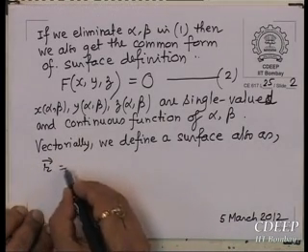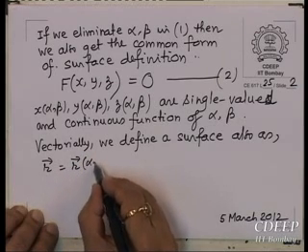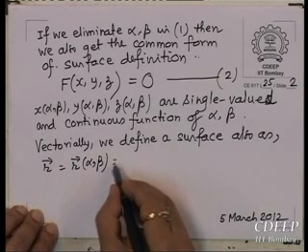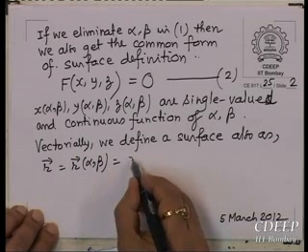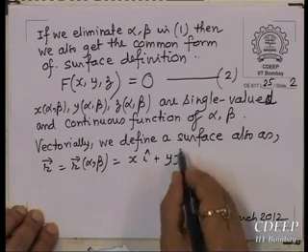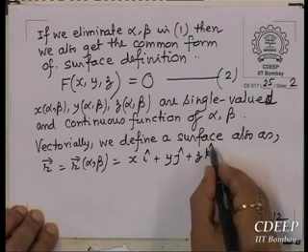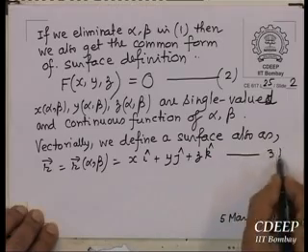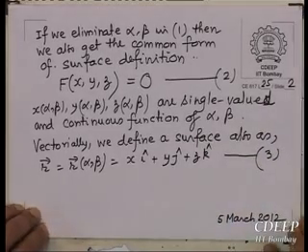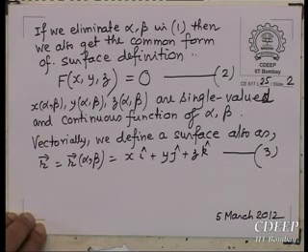R equal to R of alpha, beta, it is a function of 2 variables, and R means xi plus yj plus zk. So there are 3 ways in which a surface can be defined. R is a position vector joining any points on the surface.